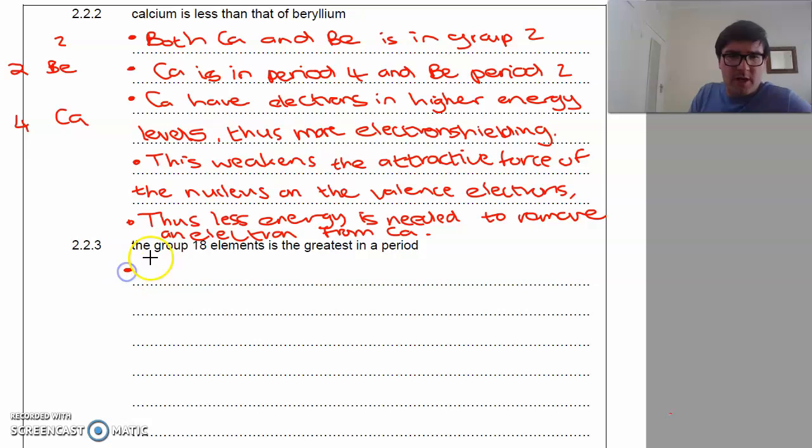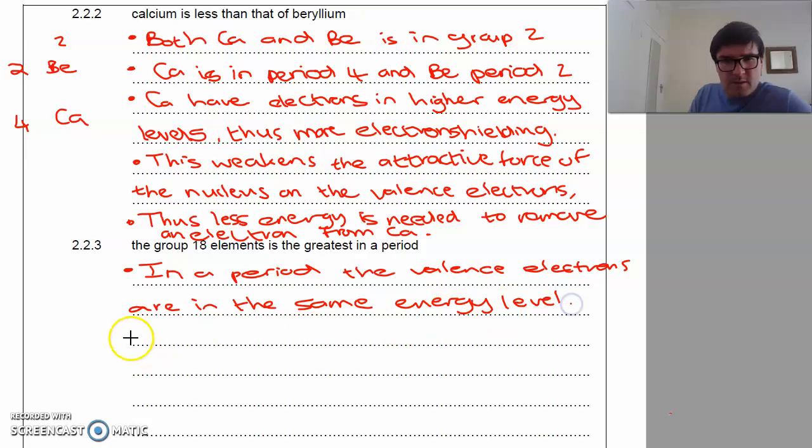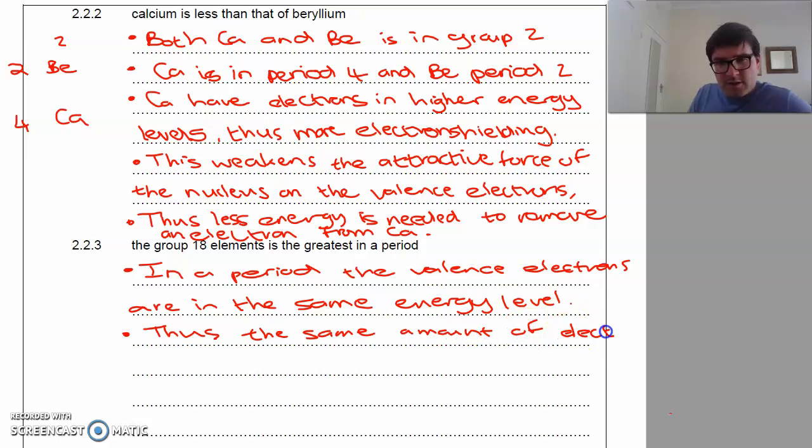Okay, so what do we know about a period? In a period, the valence electrons are in the same energy level, thus the same amount of electron shielding. Okay, but what changes?